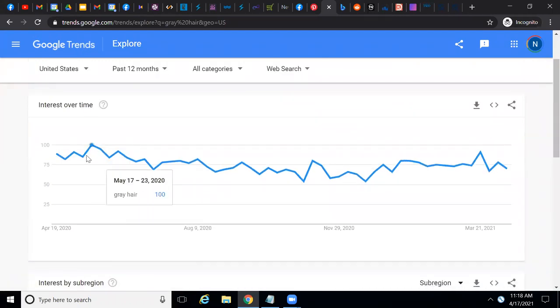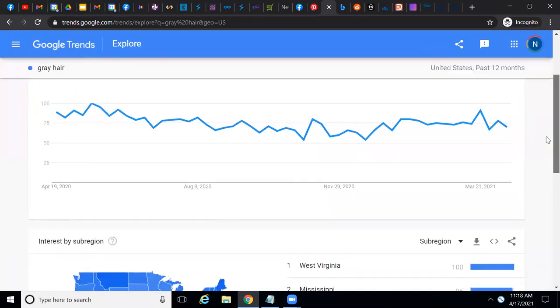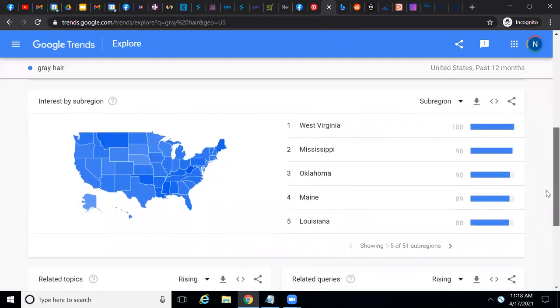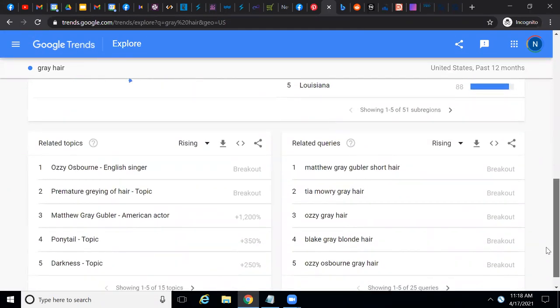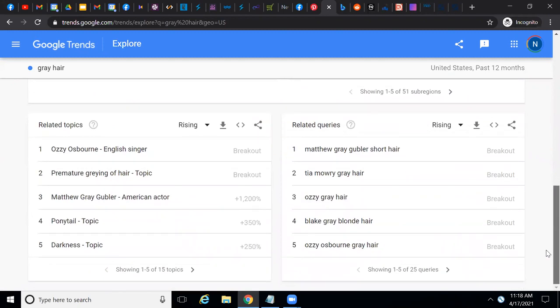Okay, so the interest is, I forget what this data is by, region, sub-region interest. Premature gray hair. Oh, there's a breakout for that. There's some specific Matthew Gray, Ozzy Gray. Okay.